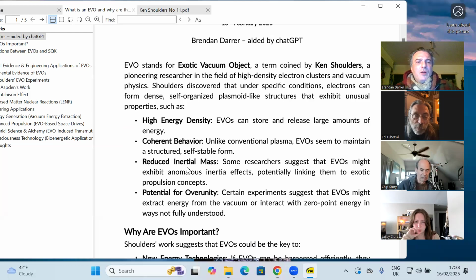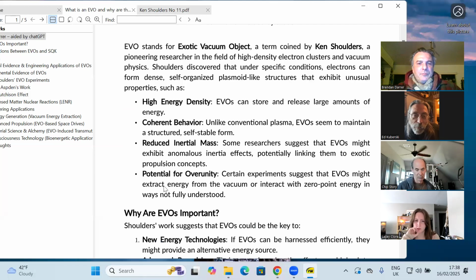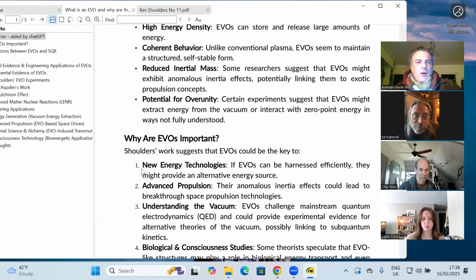Reduced inertial mass: some researchers suggest that EVOs might exhibit anomalous inertia effects, potentially linking them to exotic propulsion concepts. Potential for overunity: certain experiments suggest that EVOs might extract energy from the vacuum or interact with zero-point energy in ways not fully understood. Why are EVOs important?